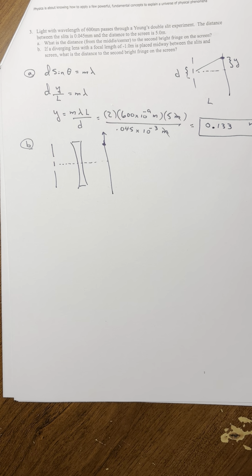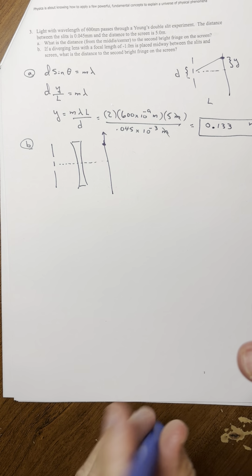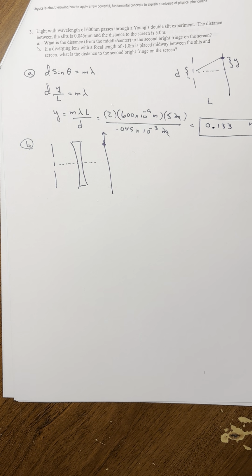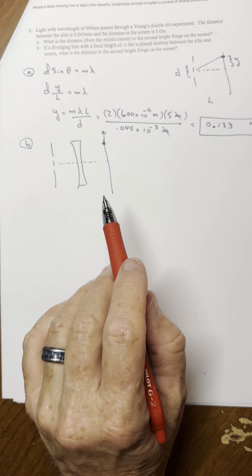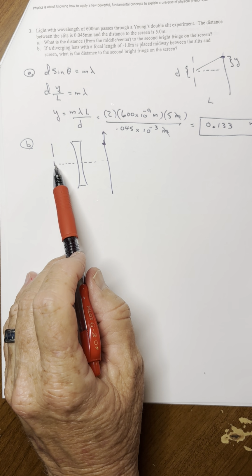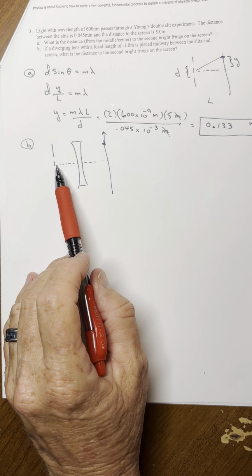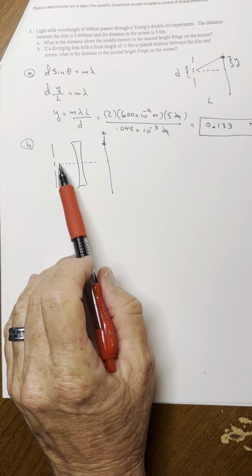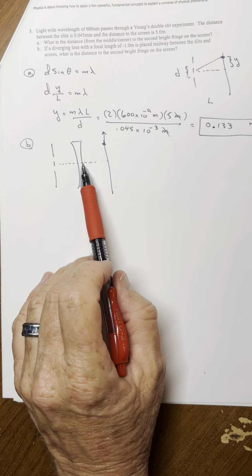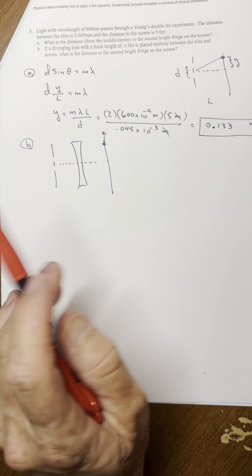Okay. Now, conceptually, and maybe changing color here, when the light comes here, and we'll call this the object, and hits my lens, there will then be an image.